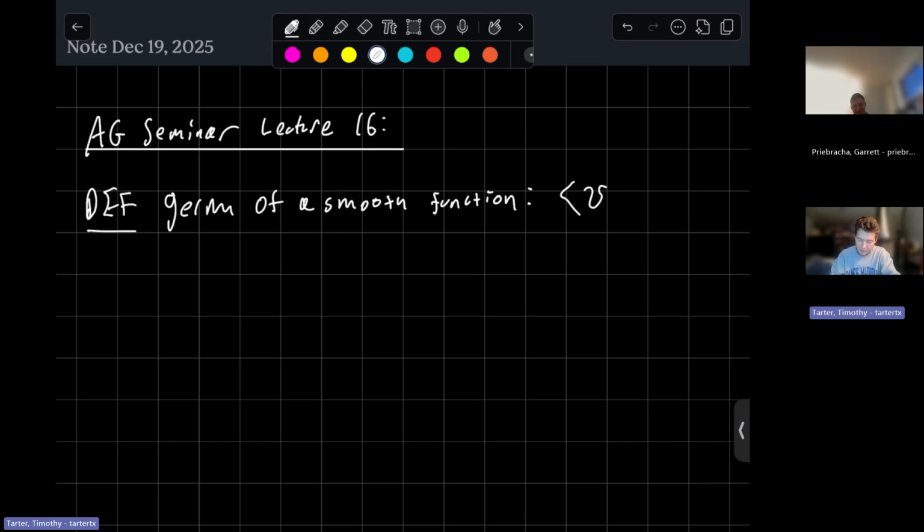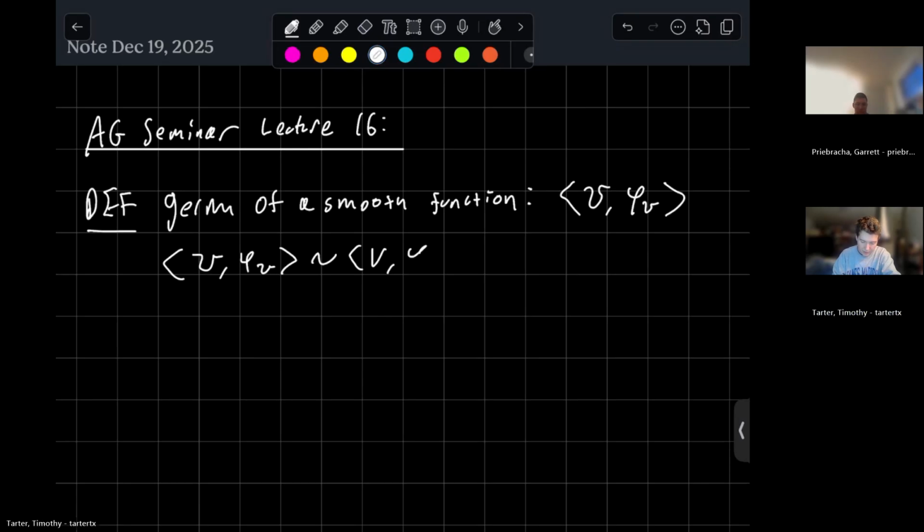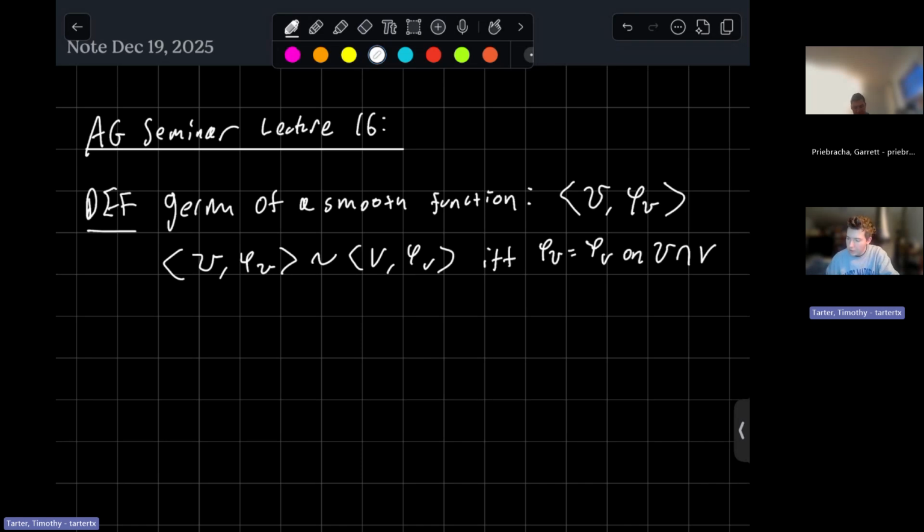In Hartshorne, we talked about this as (U, φ_U) under the equivalence relation that (U, φ_U) is congruent to (V, φ_V) if and only if φ_U equals φ_V on U intersect V.